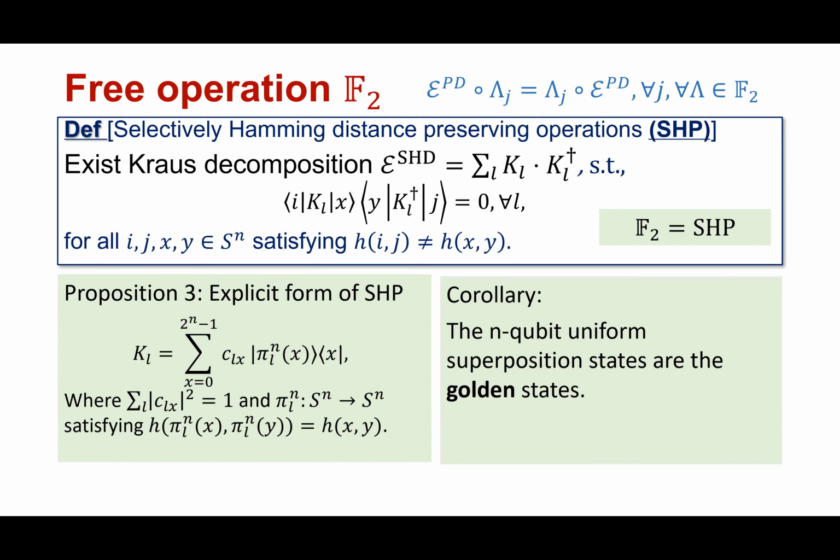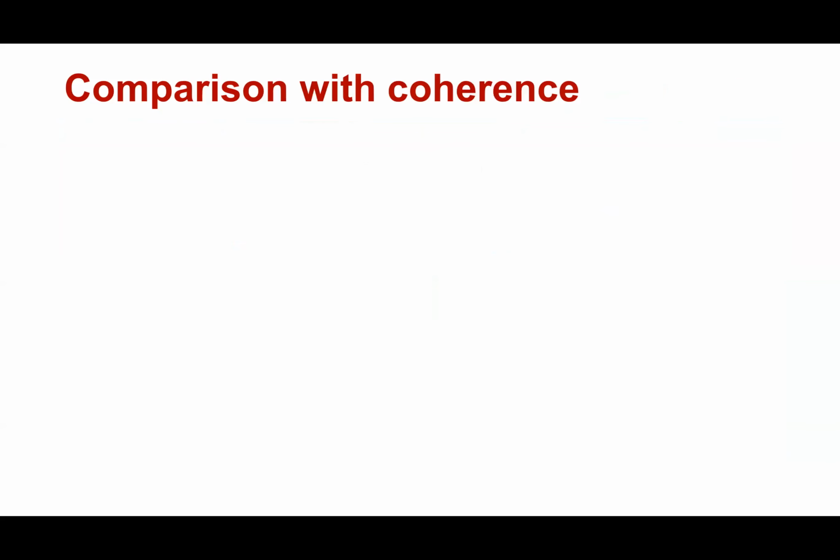And based on this, we can prove that the n-qubit uniform superposition state is a golden state in our resource theory. So far we have discussed the free states and free operations in our resource theory. Now we compare our results with coherence.